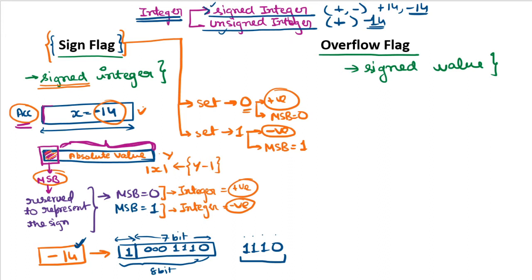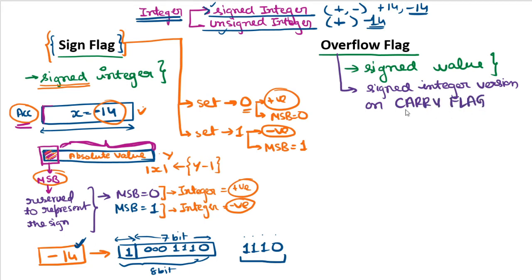The overflow flag is actually the signed integer version of the carry flag. It works exactly like the carry flag, but since the most significant bit is already reserved to represent the sign, the carry flag won't work in a similar manner. We can't just take the remaining bits as they are for the carry flag.